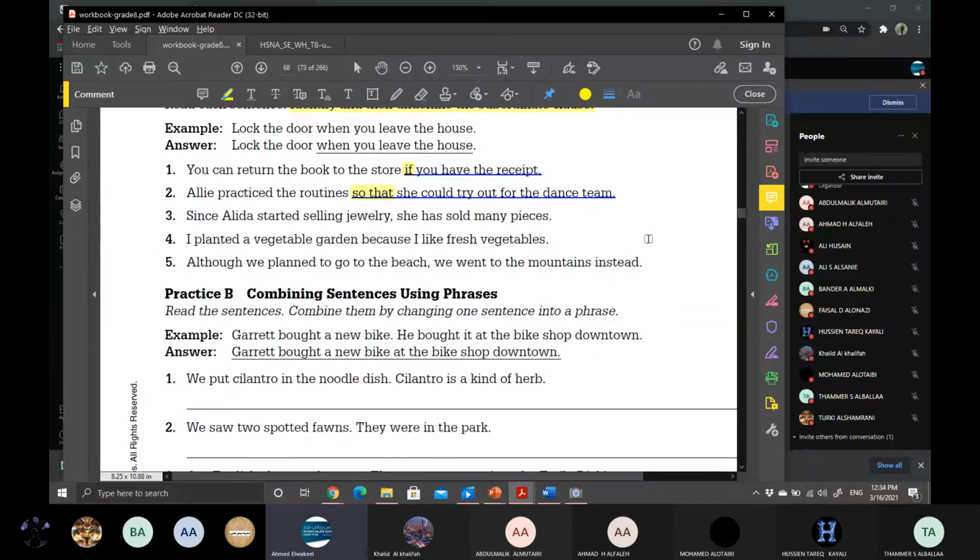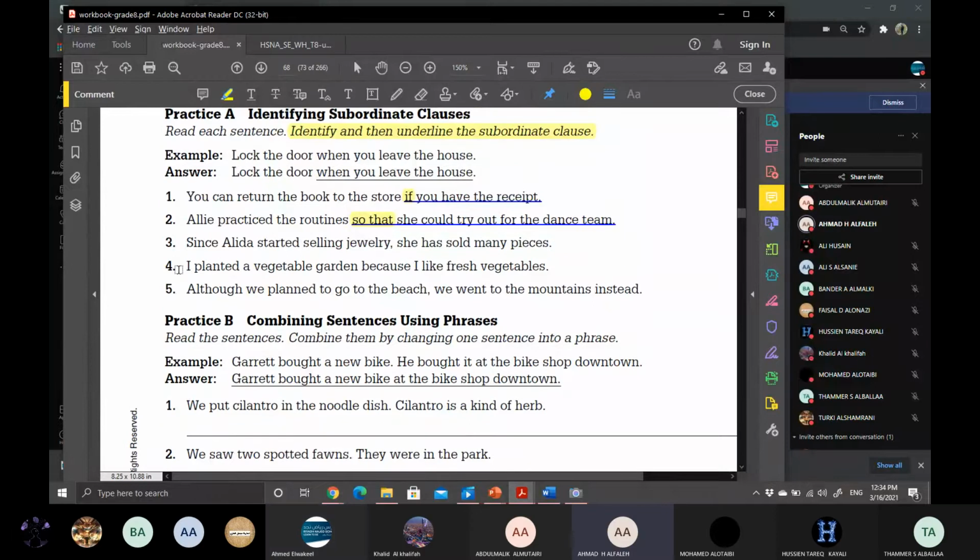Muhammad Al-Falih, number 3. Since Halida started selling jewelry, she has sold many pieces. Underline the subordinate conjunction. Since. Since Halida started selling jewelry, that is the subordinate clause.